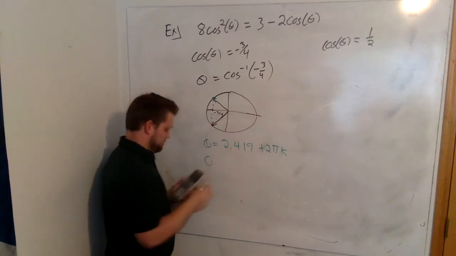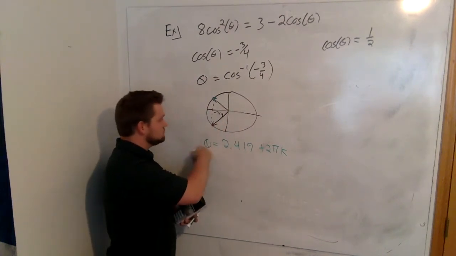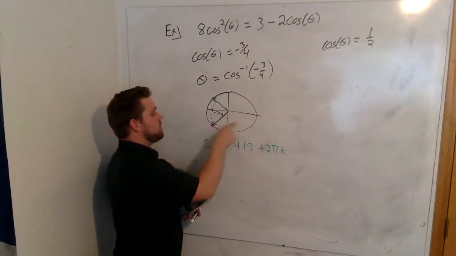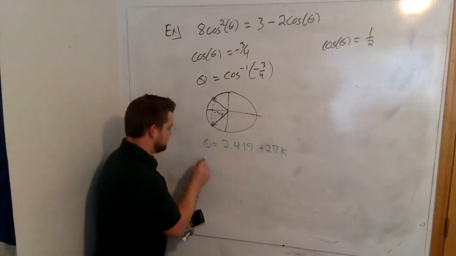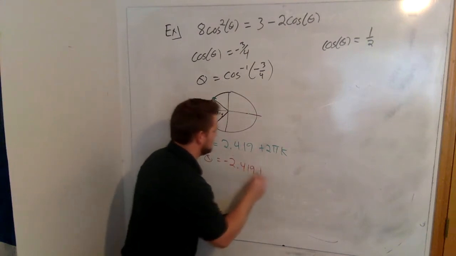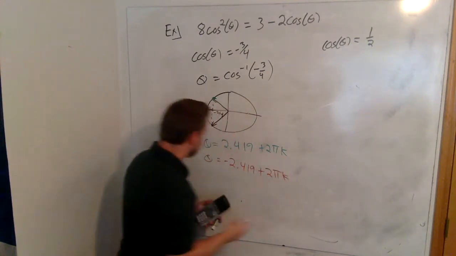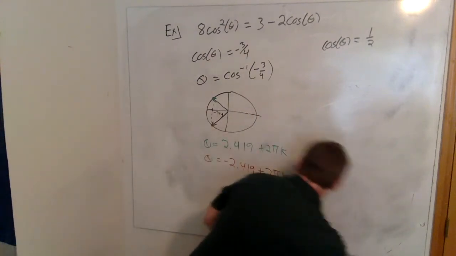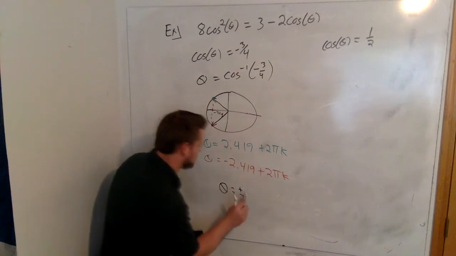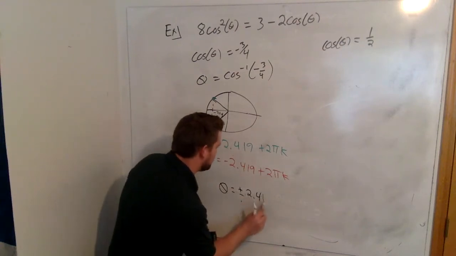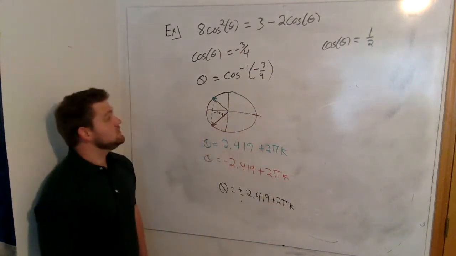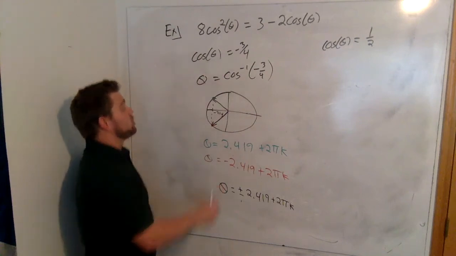So we could also say, we'll write it in red, you could also do 2 pi minus this if you wanted a positive angle, but I think it's easier to see that this is the same thing as negative 2.419 plus 2 pi k. Or you could condense this by saying that theta could be equal to plus or minus 2.419 plus 2 pi k. Okay, that's only for this basic trig equation.